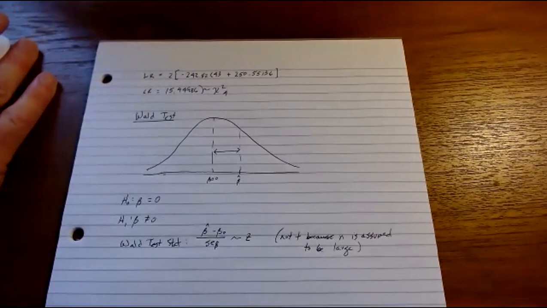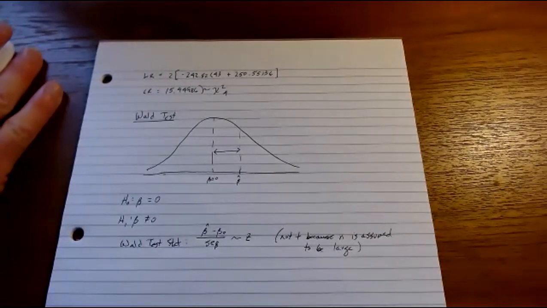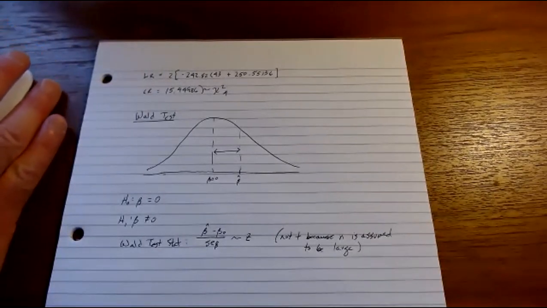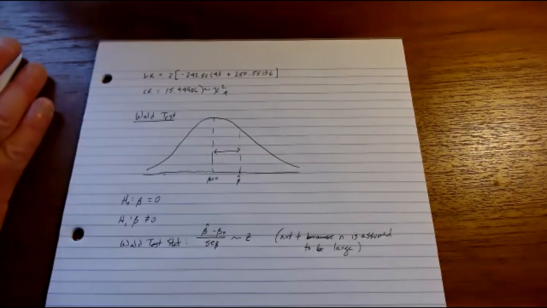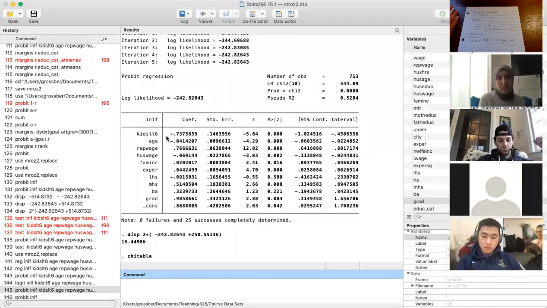So the Wald test turns out to be pretty comfortable because it just looks like a t-test. If we want to do a Wald test on a particular coefficient, to compute the z statistic, we take the coefficient minus the hypothesized value, which is 0, divided by the standard error.